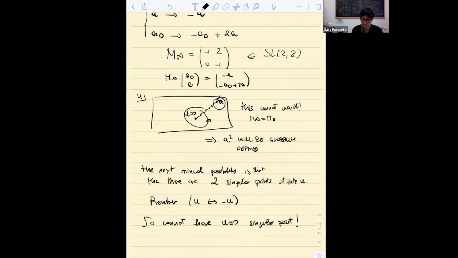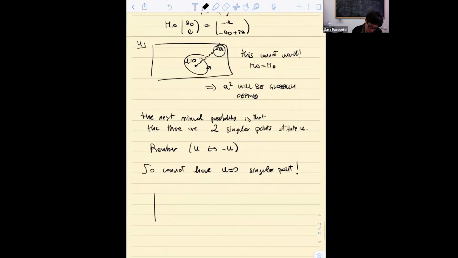And this is quite a blow, because we were thinking that classically u equal to 0 is the point where we have a singularity in the moduli space. Instead, we understand that at the quantum level, u equal to 0 is a point which is perfectly regular. So we are working under the hypothesis that there are two singular points, which have to be u and minus u. I'm calling it u singular. So there are two singularities at finite values of u.